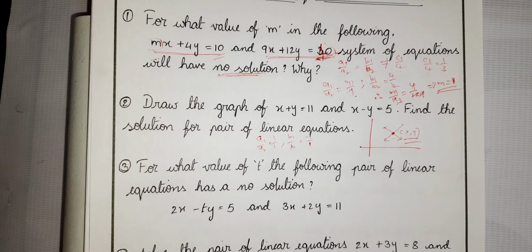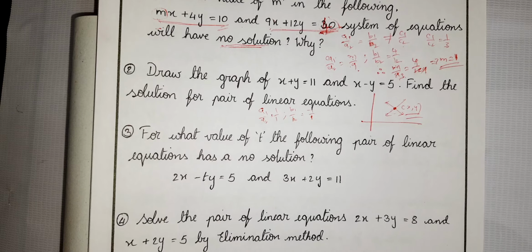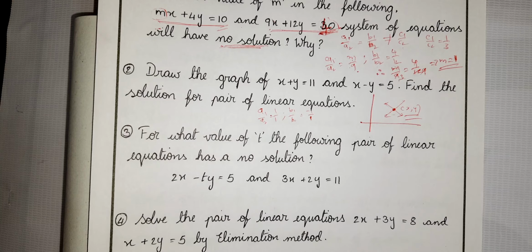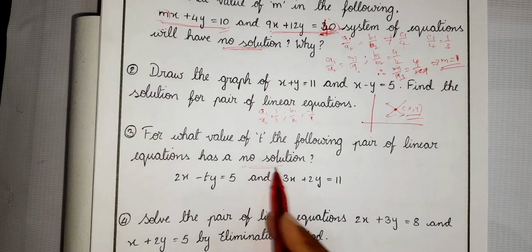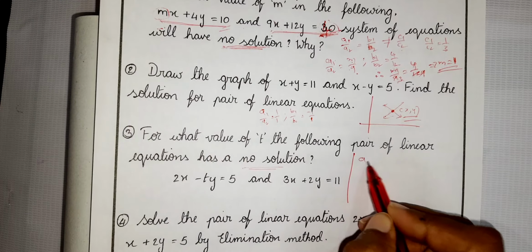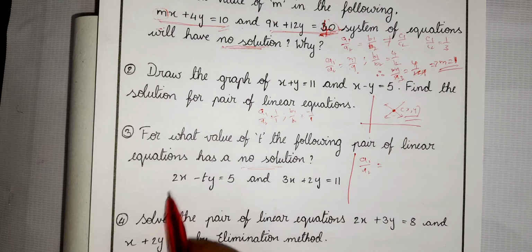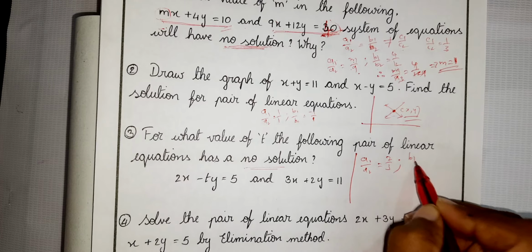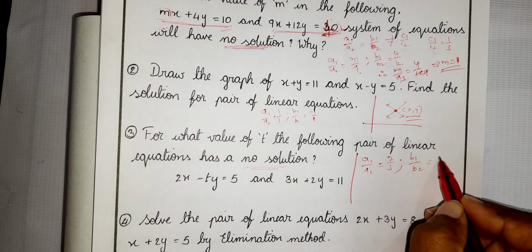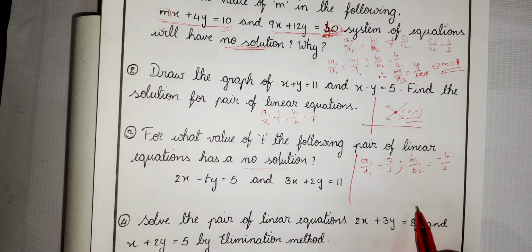Now, for what value of t does the following pair of linear equations have no solution? This also has the no solution condition. Find A1 by A2, which is 2 by 3. Now B1 by B2 is equal to minus t by 2.